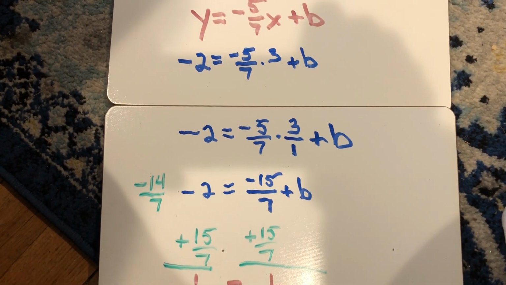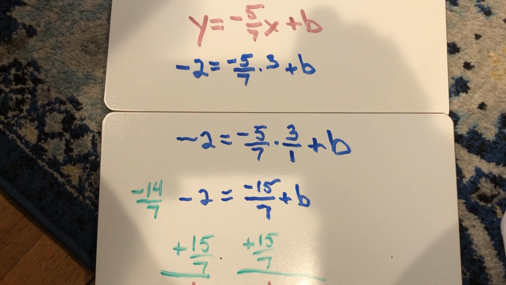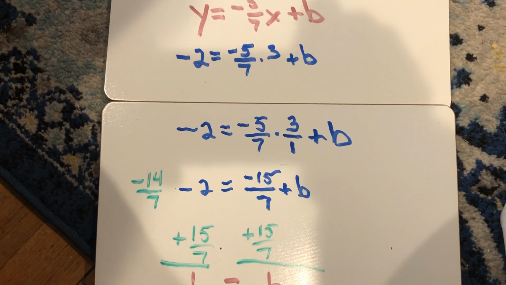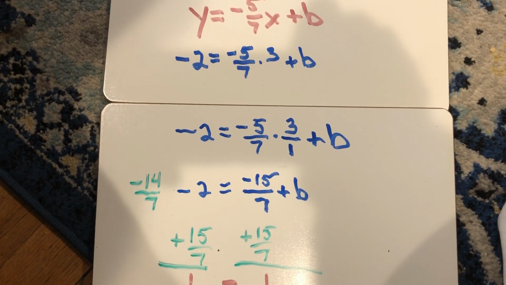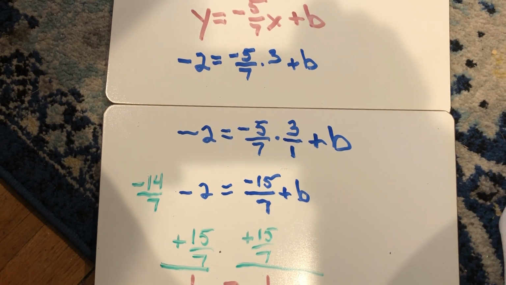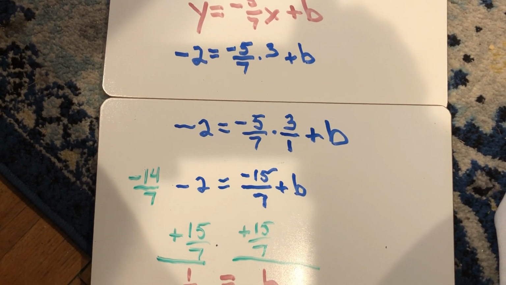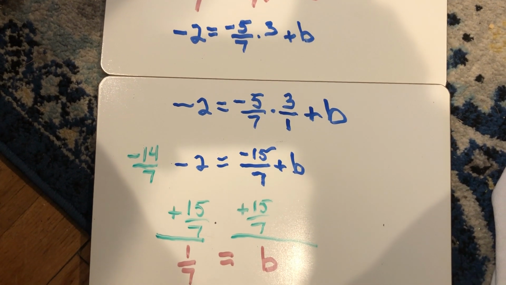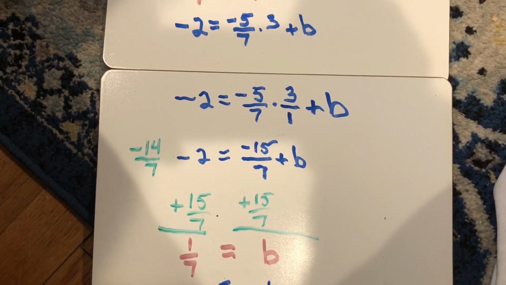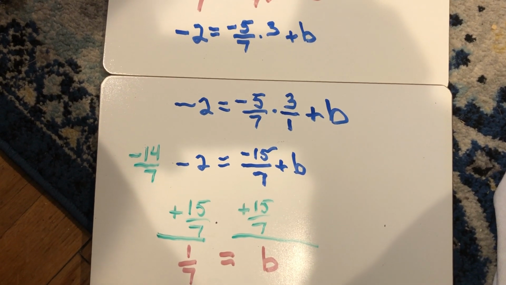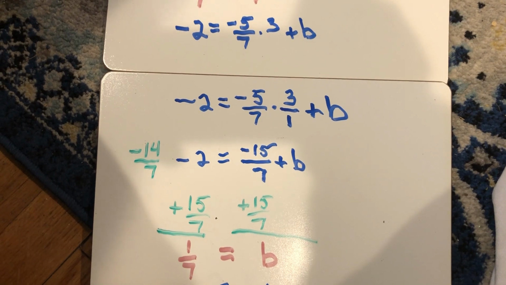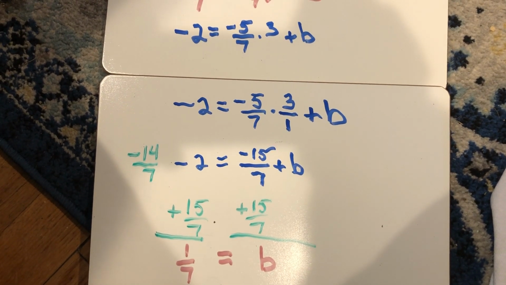To solve for b, I need to get rid of -15 over 7. We're going to do that by adding 15 over 7 to both sides, which is fine on the right side, where they just cancel each other out and leave me with b. On the left, I have to do a little bit more math. I have to remember the fact that -2 can be changed into other numbers.